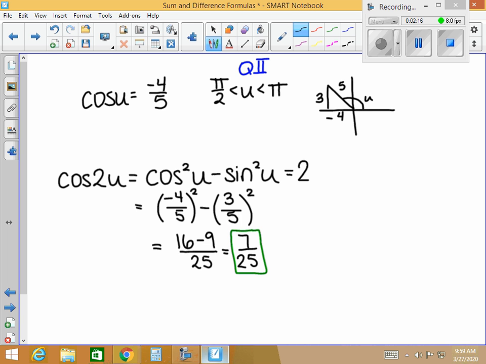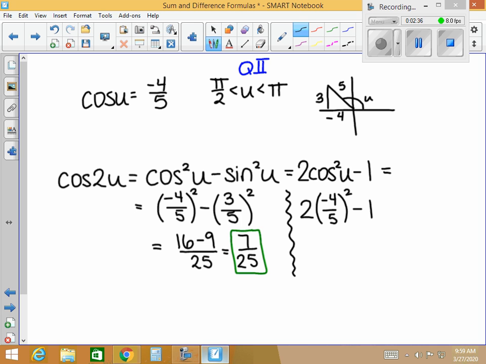Remember, another option was that we could take 2 times the cosine squared of u minus 1. That's the same thing as cosine 2u. So we said cosine u, we were given. Maybe I don't remember how to draw my triangle.